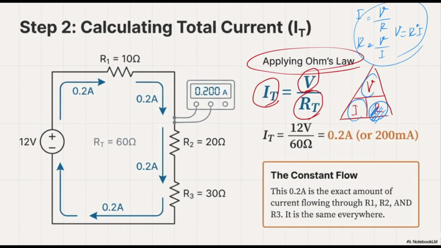We have these 3 important equations that we call Ohm's law. This way we can find the relationship between our voltage, our resistance, and the amount of current that we have.